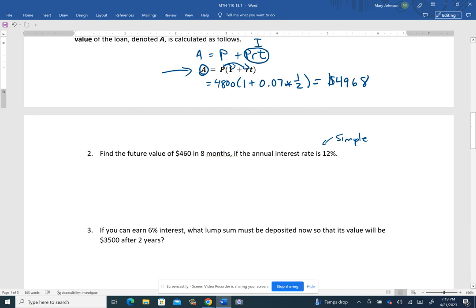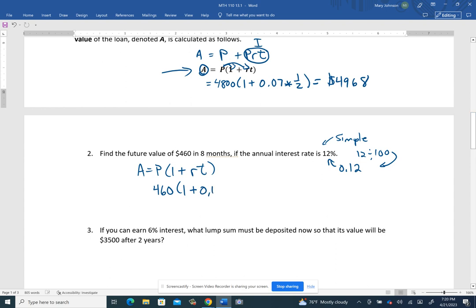So here we're going to grab the formula that we just learned about, and plug in the 460 for the principal. We'll plug in the interest rate. Now 0.12 would be the same as 12%. 12% means 12 divided by 100, and that would wind up being 0.12.